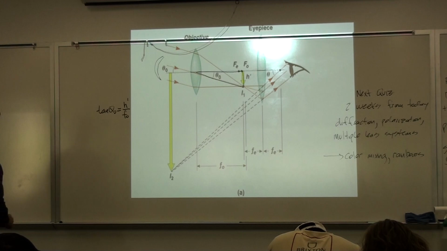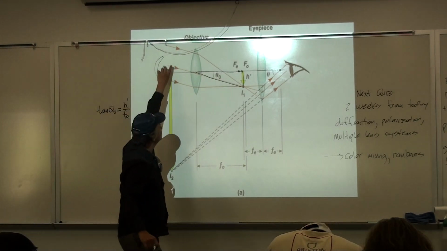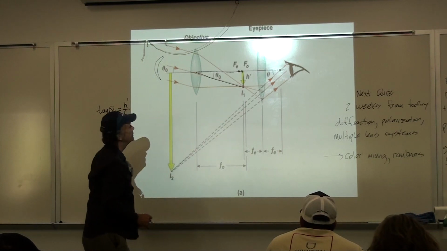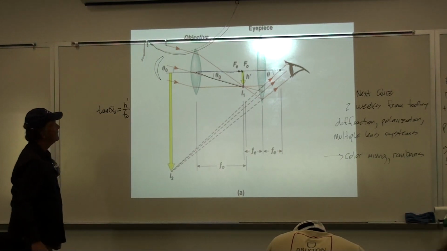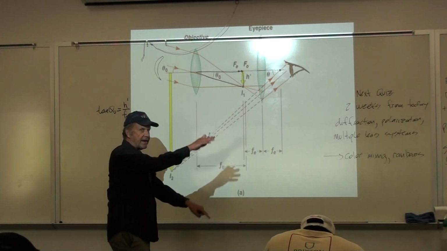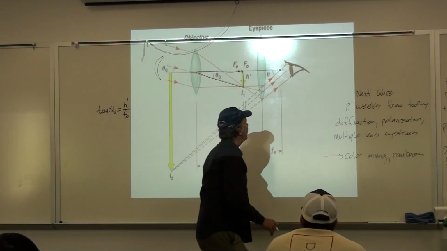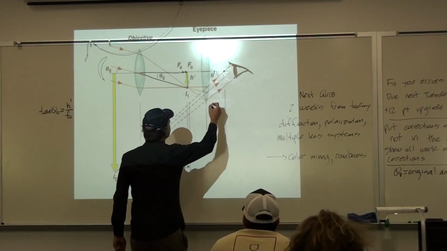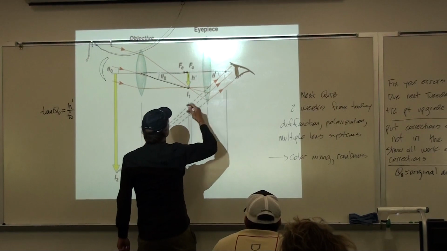Because that's where the light's coming in from. It's coming in as parallel beams from a distant object, and it's being brought to a point of focus there. But now, what we do with the secondary lens is we expand that angle. Okay? And so here, call this theta prime.